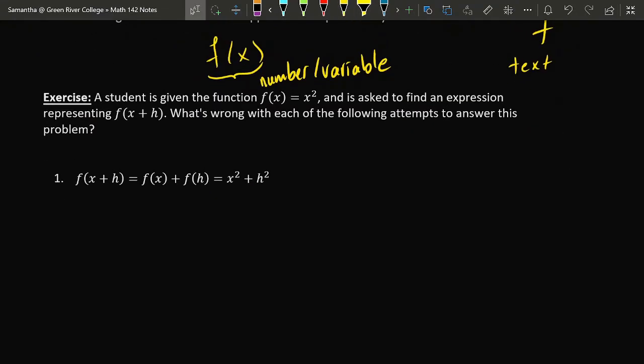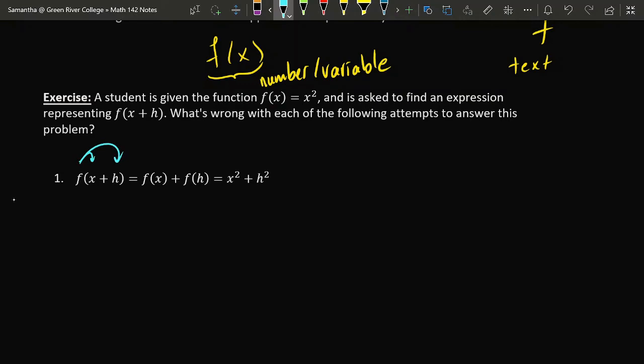So for some practice, let's have a look at a couple of common errors that I do see students make when working with function notation. And the first error is this. They have a function which is written in function notation as f of x equals x squared. The student is asked to find an expression which represents f of x plus h. Now, student number 1 says, aha, f of x plus h. Well, let me just distribute that f to the x and to the h separately.